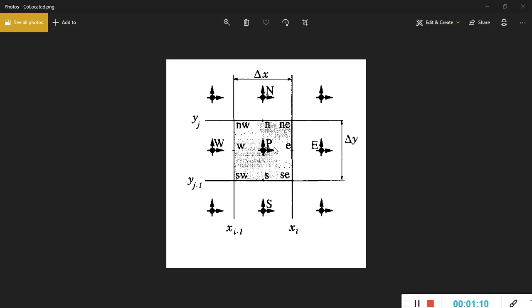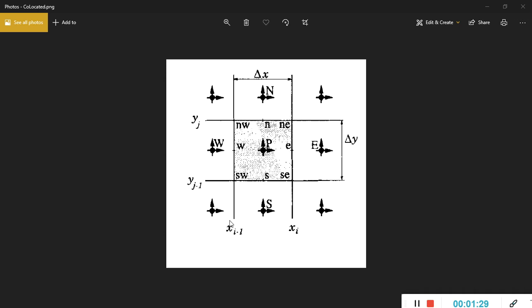Also in simple letters you can see the faces of this particular control volume, which from now on we will call cell. It's a cell and it's got four faces: east face, north face, west face, and south face.